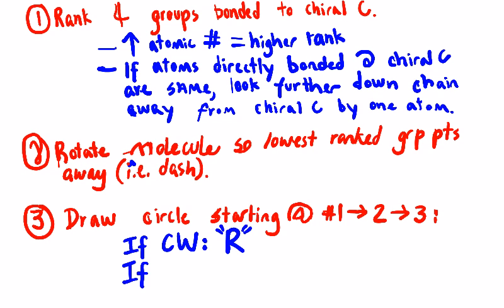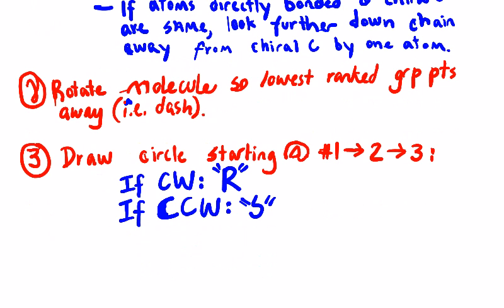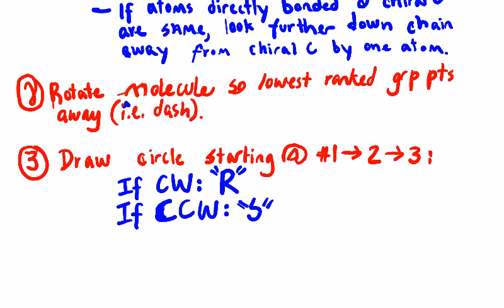If, on the other hand, we're going counterclockwise, which I'll abbreviate as CCW, instead we refer to this enantiomer as being the S enantiomer. And the S is basically based on the German word for left, which in German starts with the letter S. That's going to indicate that we are going left or counterclockwise.